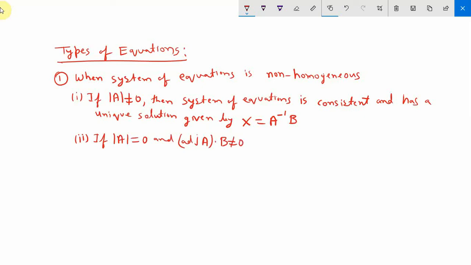So in this case, system of equations is inconsistent and has no solution.